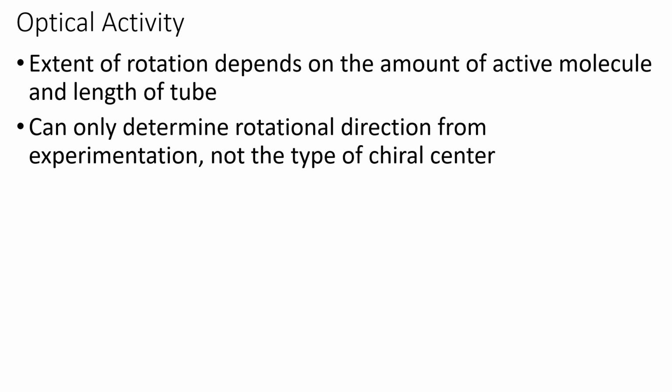I cannot predetermine that without the experimentation, which is why everything gets labeled with those D's and those L's, or those pluses and those minuses, so now we know which directionality it actually rotates. Once we know that information, we have that relationship, we can use those D's and L's, or pluses and minuses, to tell us about the chiral center that we're dealing with.